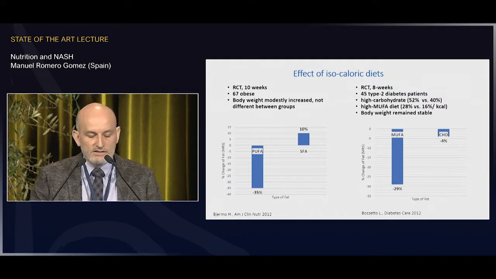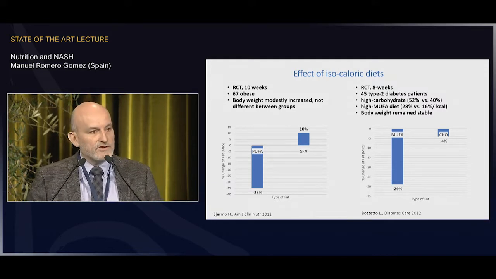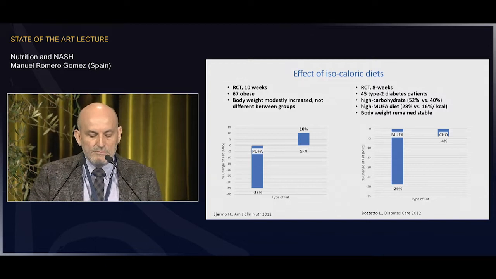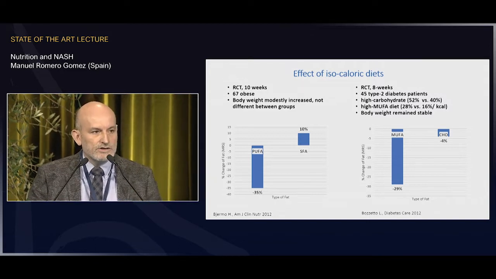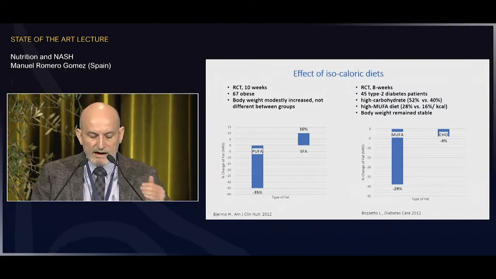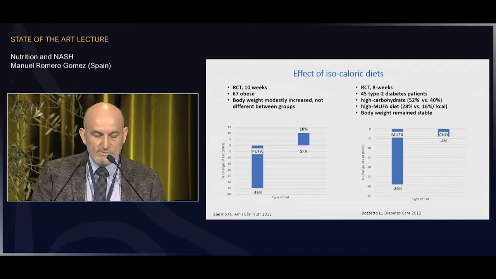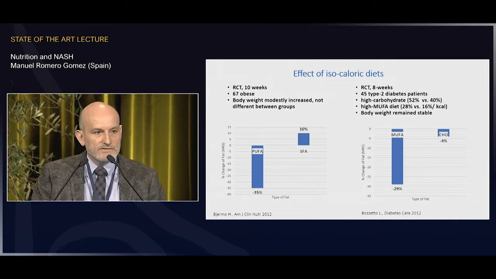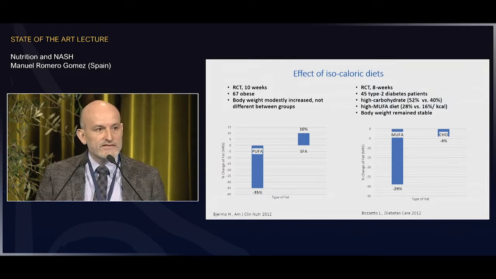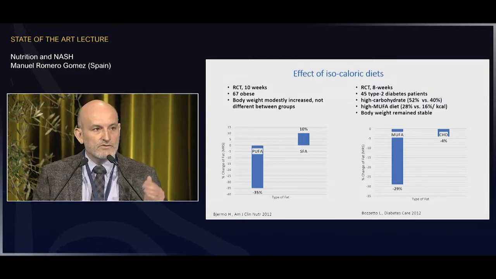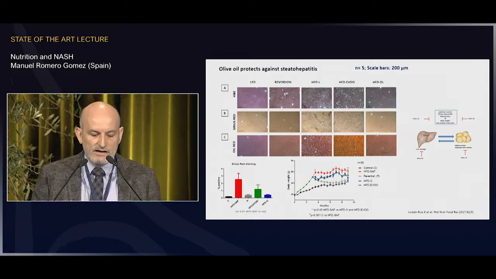And also in the right part, 45 patients with diabetes using a high carbohydrate, low fat diet versus a high fat diet rich in olive oil, in monounsaturated fatty acid. Monounsaturated fatty acids decrease fat in the liver by 30% versus just 4% using low fat, high carbohydrate. That means fat is very important, and the type of fat could be a relevant driver in the progression of this disease.